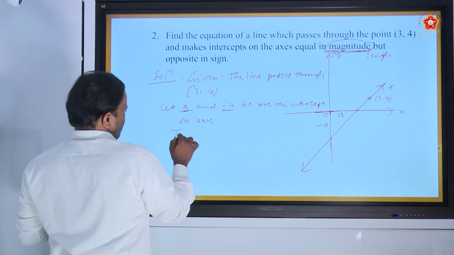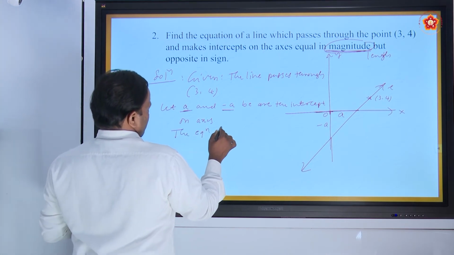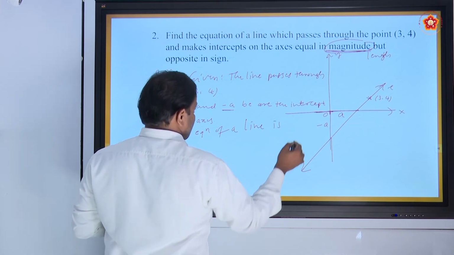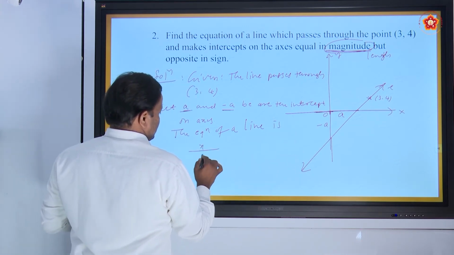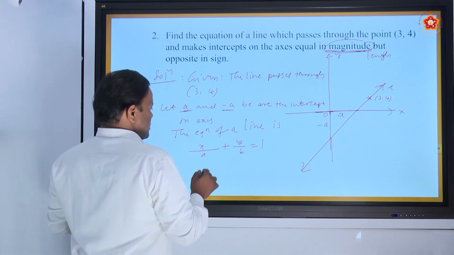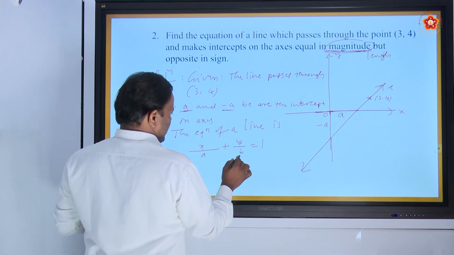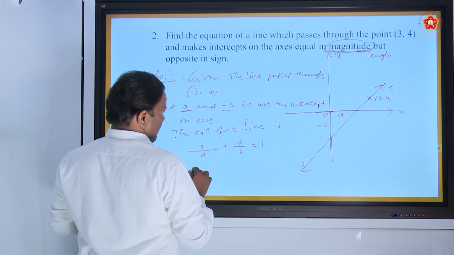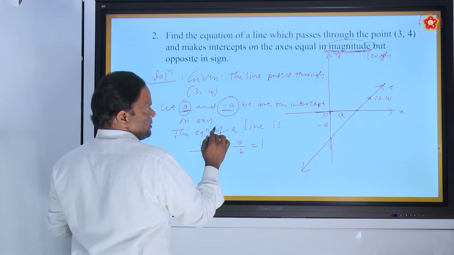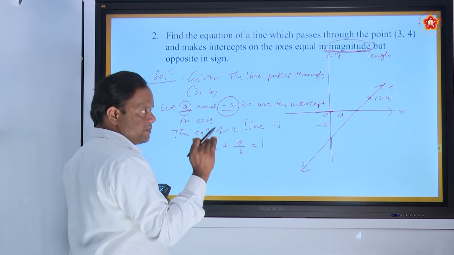The equation of a line, we know the intercept formula: x by A plus y by B equal to 1. So put A as it is, and instead of B you take minus A. This A is the x intercept, minus A is the y intercept. In the equation we take the y intercept as B, no?